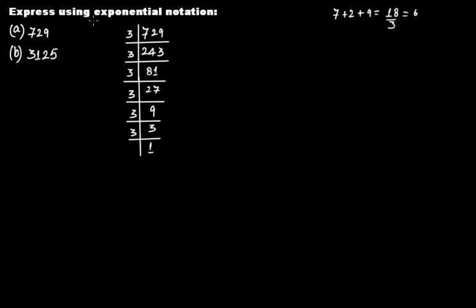So if you write 729 using exponential notation, we count 1, 2, 3, 4, 5 and 6. We have to multiply 3 six times. It means this is 3 raised to the power of 6, right? So 729 can be written in this form.